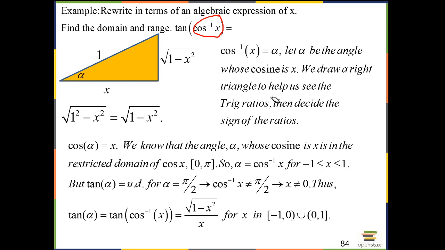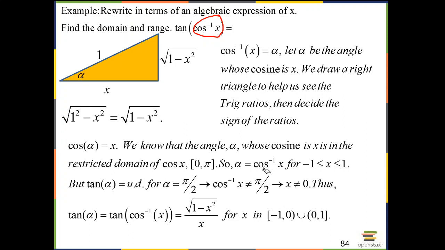We draw a right triangle to help us see the trig ratios, then decide the sign of the ratios, right? So we simplified it. Instead of calling it theta, we just call it alpha and then figure out the sign, right? It's easier. So cosine alpha has to be x, right? We know that the angle whose cosine is x is in the restricted domain of cosine.